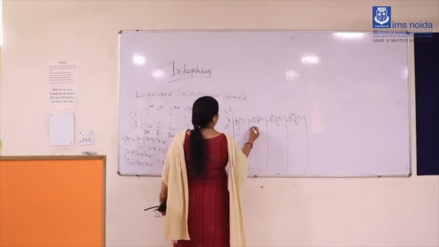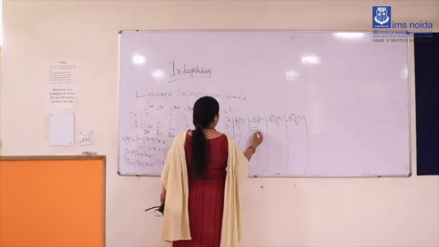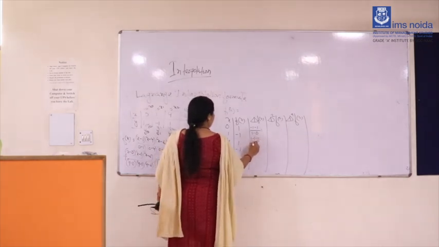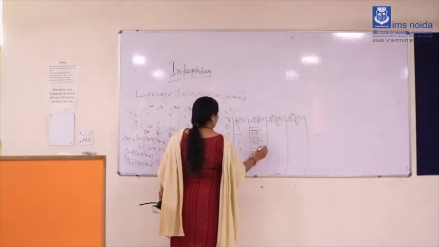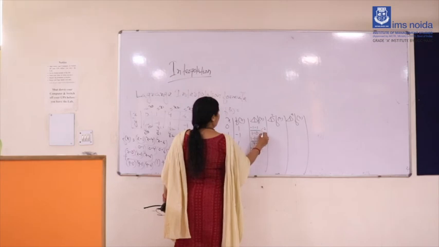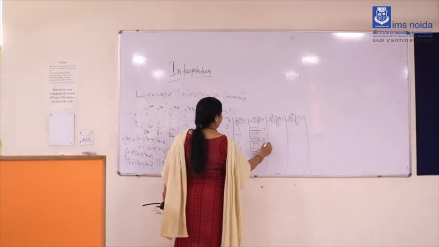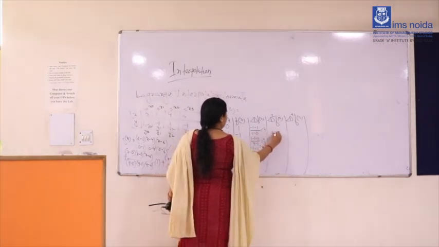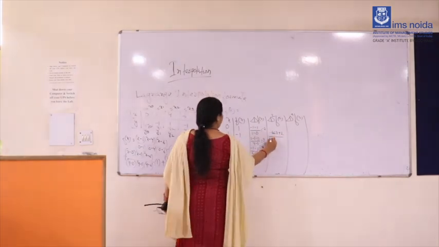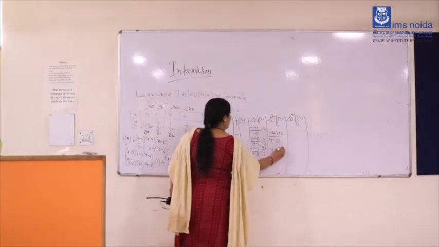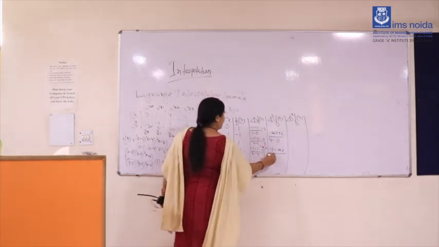The first order will be minus 1 divided by 1 minus 0, and then 1 minus minus 1 divided by 4 minus 1, and minus 1 minus 1 divided by 6 minus 4. That gives minus 2, 2 by 3, minus 2 by 2, that is minus 1, that is 0.667. And in this way, 0.667 plus 2 divided by 4 minus 0, and minus 1 minus 0.667 divided by 6 minus 1.